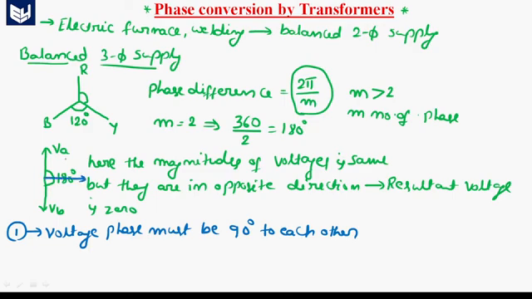See, this is VA and VB must be like this, and phase displacement between VA and VB should be 90 degrees. That is the first requirement.